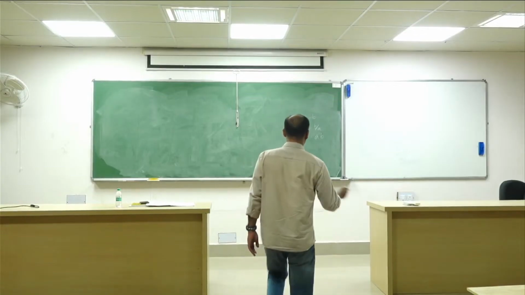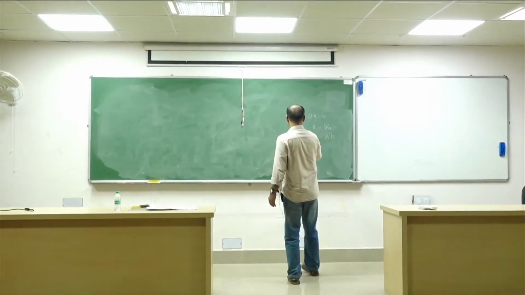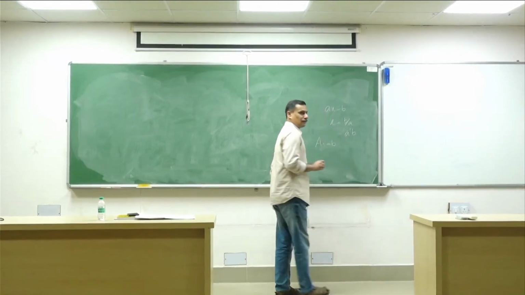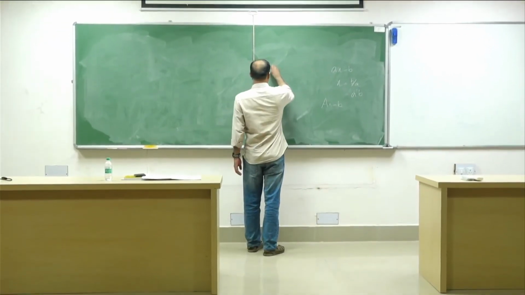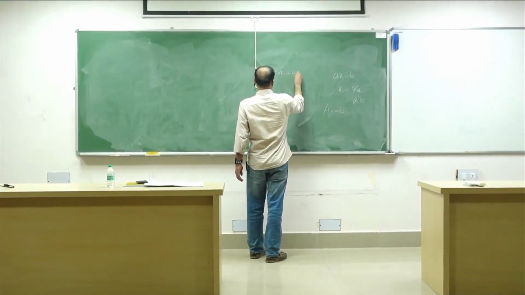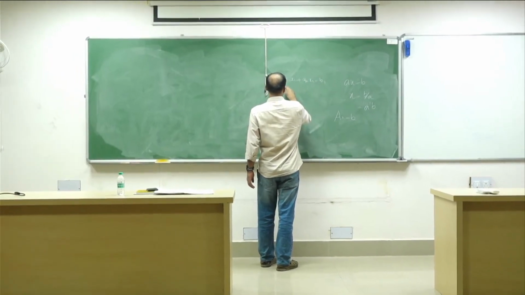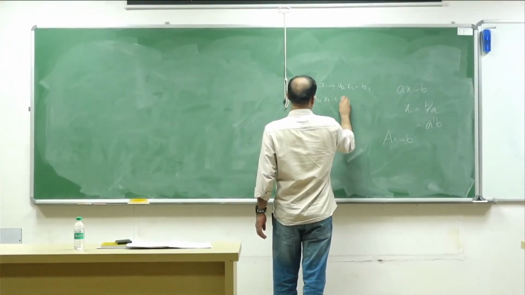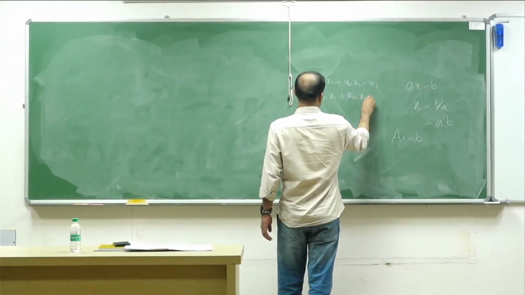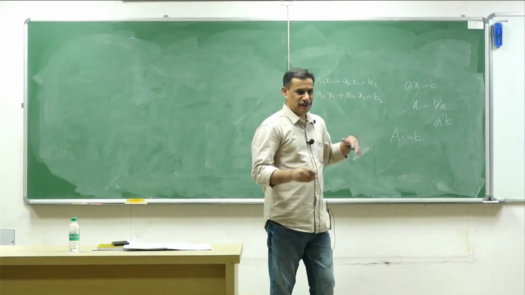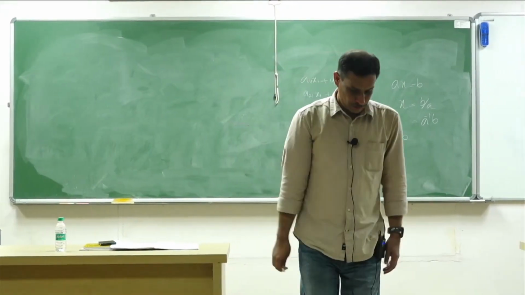That becomes your Ax equals b. That is the matrix version. For example, I write a11 x1 plus a12 x2 equals b1, a21 x1 plus a22 x2 equals b2, etc. This you can write in terms of mathematics. I need not write all that. You know what it is.